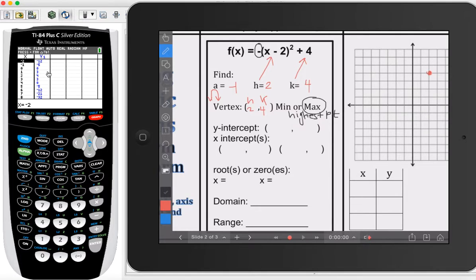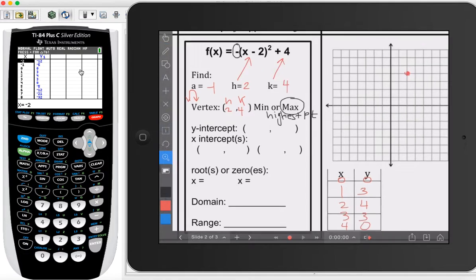So I'm going to take some points. Always take the vertex and put it halfway in the table. And then we have (1, 3), maybe (0, 0), and then (3, 3), (4, 0), and so on. Okay, now let's plot these points.